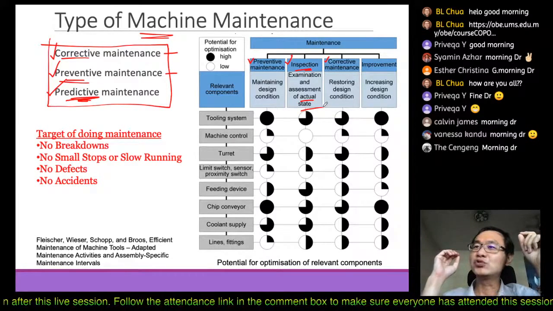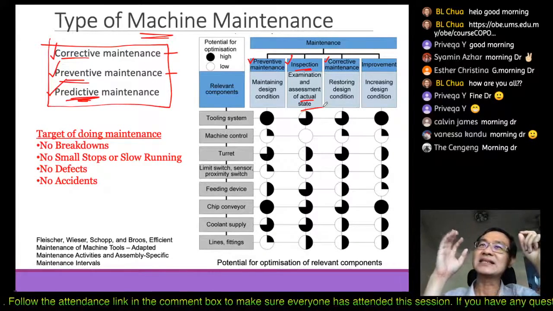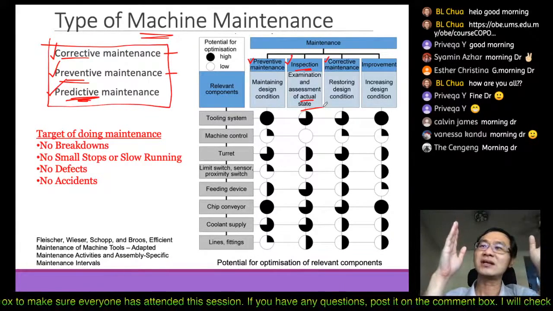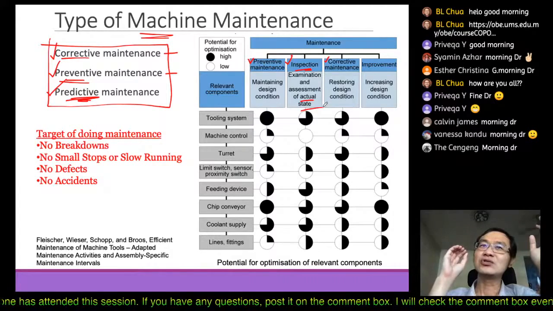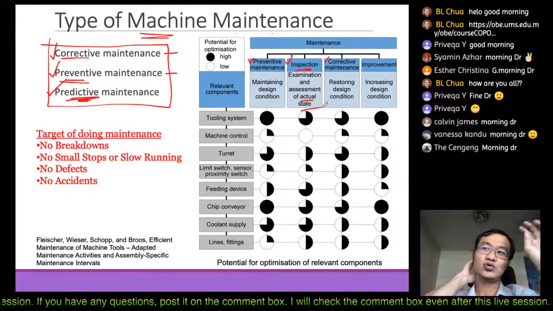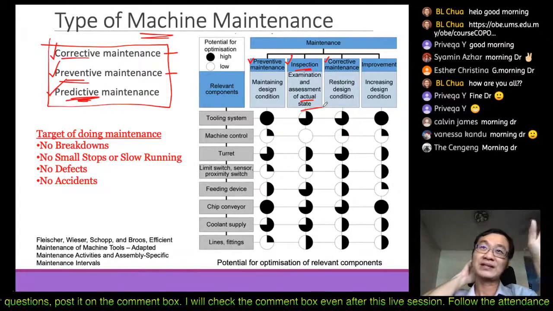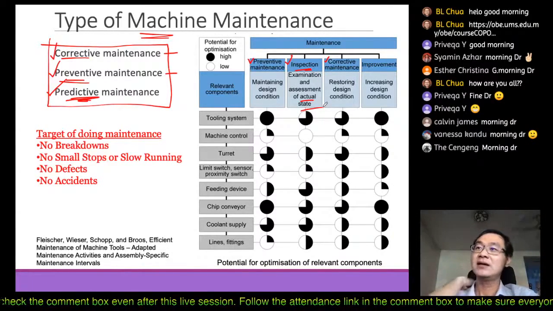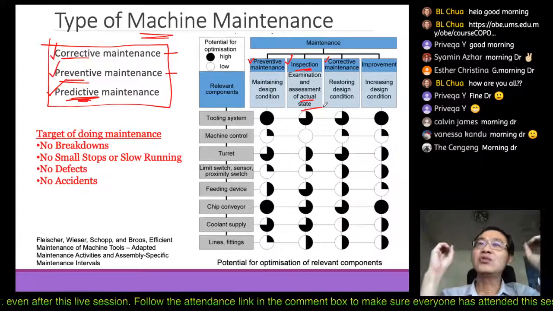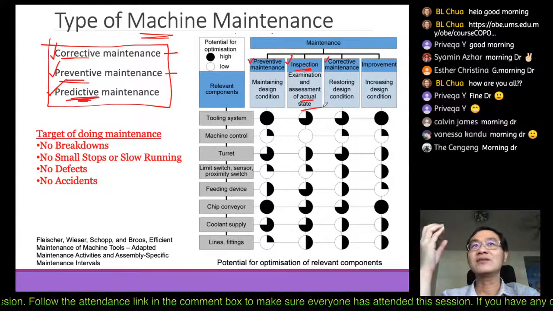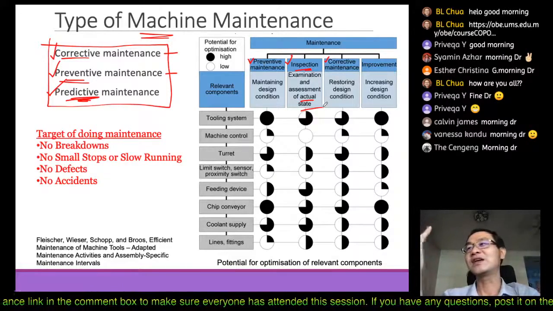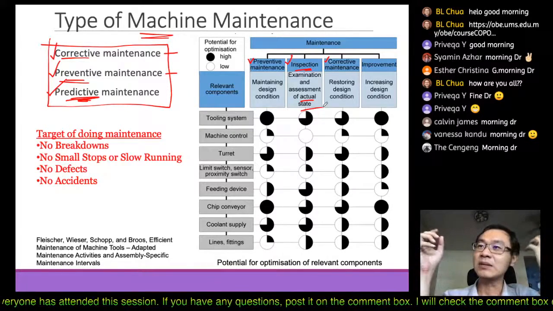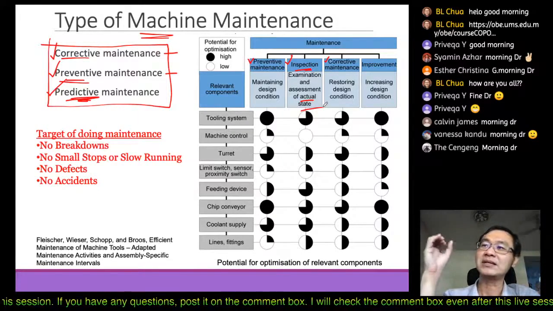In order to do maintenance inside, we don't want to stop it, that's why we don't want to do corrective maintenance. We don't want it to break down in the middle of your normal operation day, and also we don't want to do preventive maintenance, because it's difficult to open up and so on. So in that case we may also use so-called predictive maintenance.